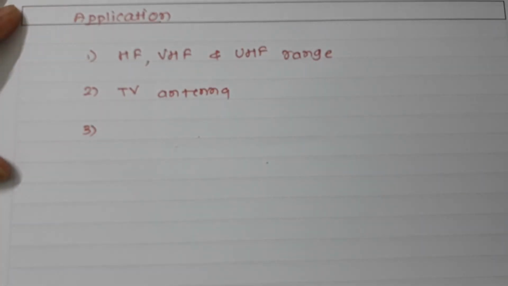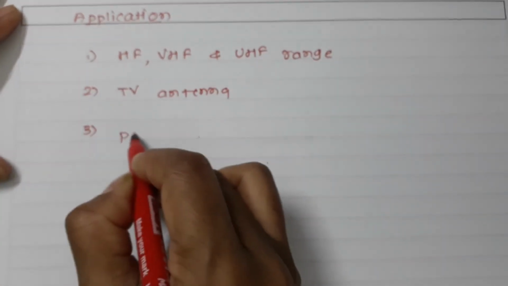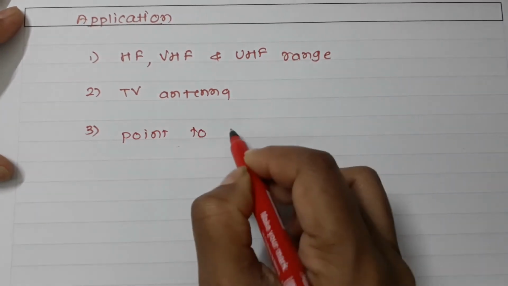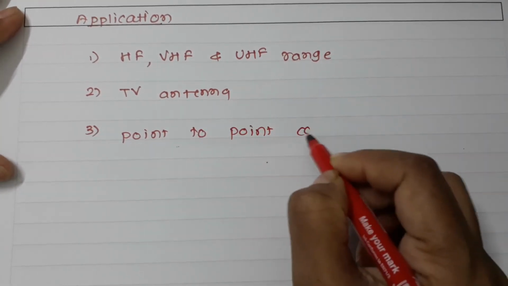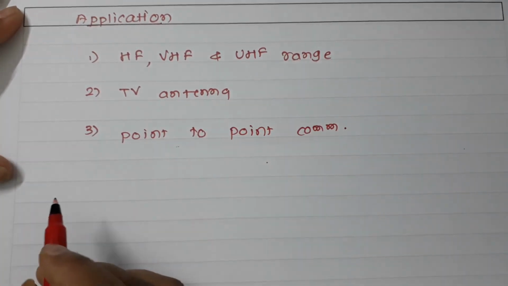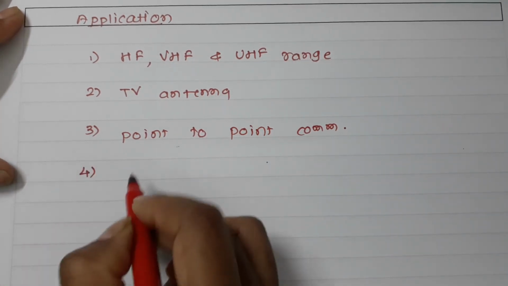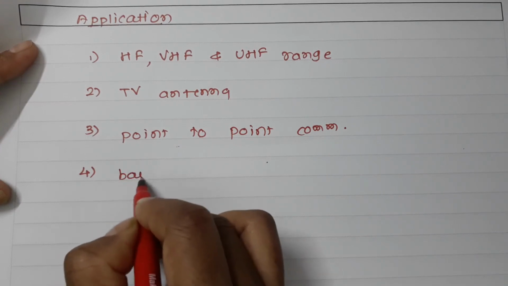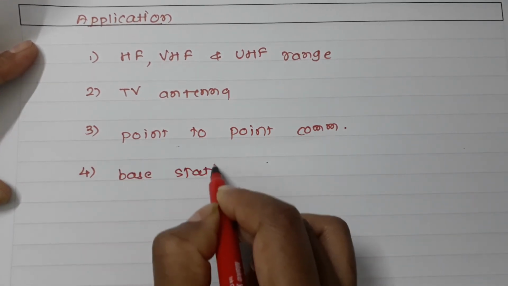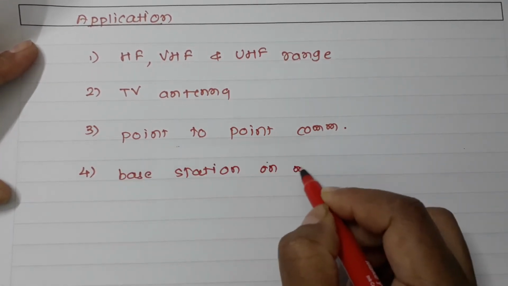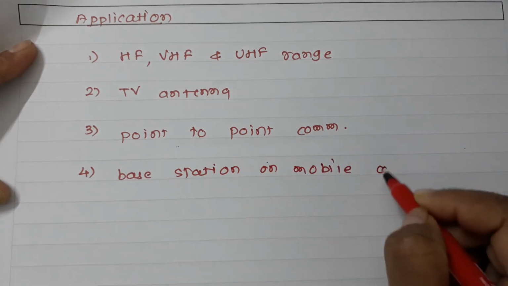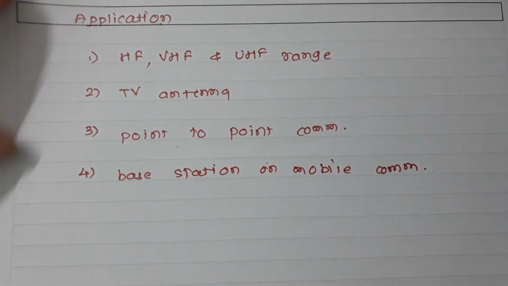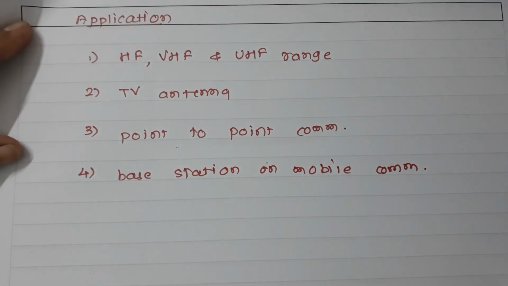Third, being highly directive, it is used for point to point communication. And the last application is that these are also used for base stations in mobile communication systems where the working areas are strung out along lines such as railroads, highways or pipelines.